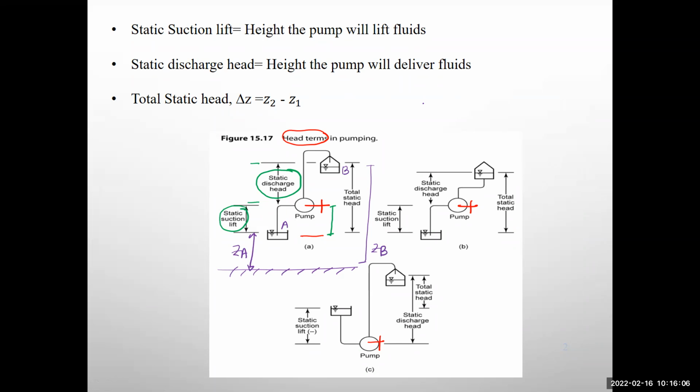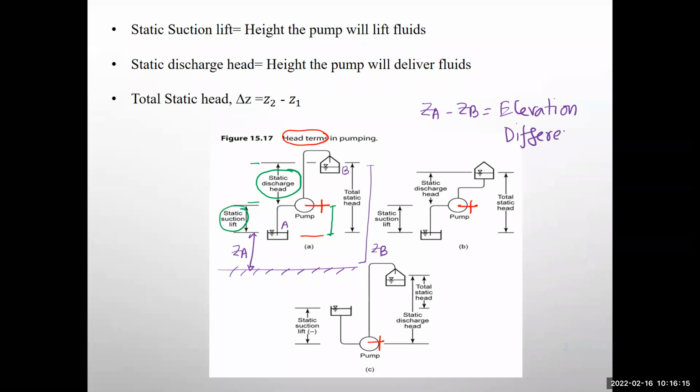Now that ZA and ZB give the elevation difference between these 2 points, right? From where it will take the water to where it will deliver the water. And this delta Z is called total static head. So we knew the delta Z term, but we didn't know the name of this term, right? So that is the total static head.